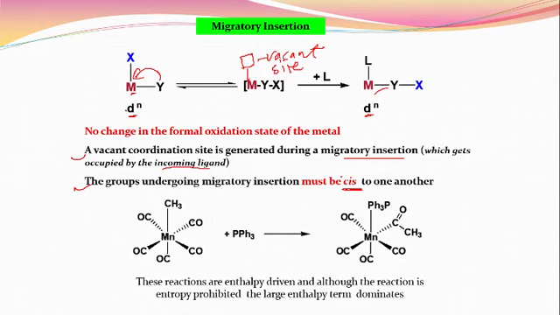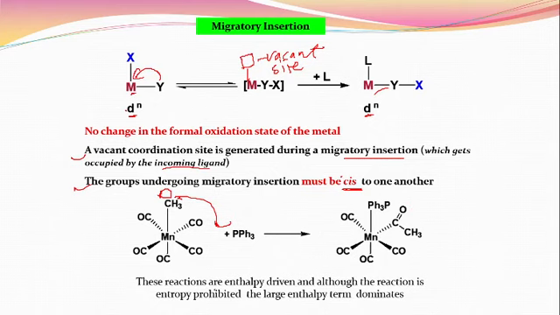If we consider CH3CO, the CH3 is inserted. After that there is a formation of a vacant site, which is filled by PPh3, and we get a molecule with PPh3 in the position where the CH3 was, and the CH3 is inserted, forming the COCH3 group.